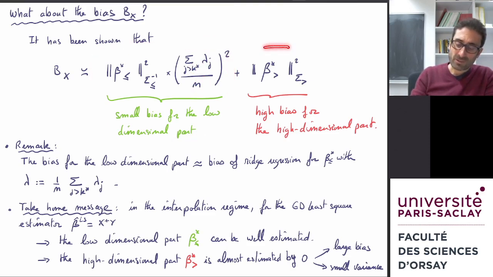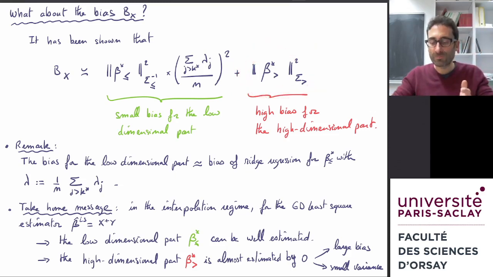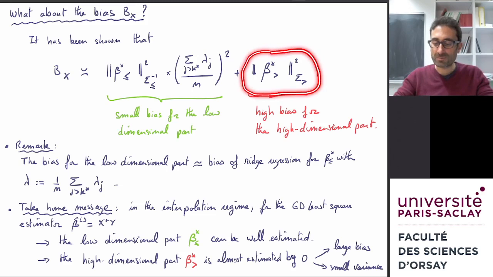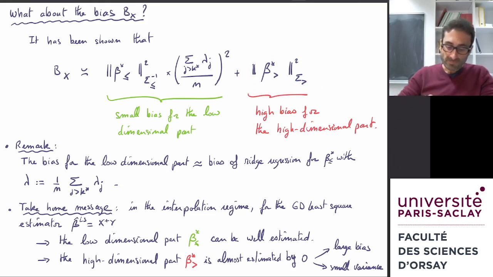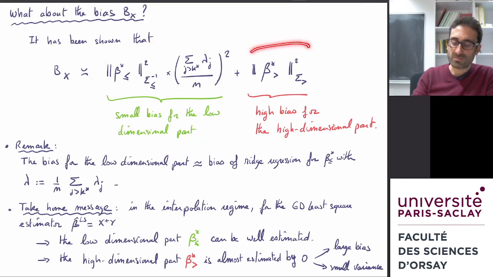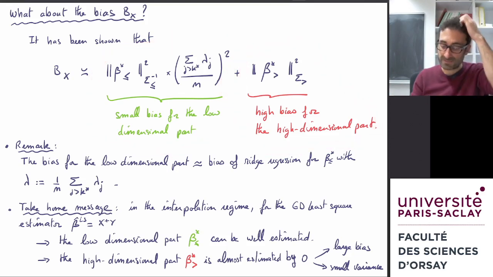But if you look at the high dimensional part, you have almost a full bias. You almost predict with 0, so you almost have the bias that you get when you predict with 0. So potentially you can have a bias here which is very large. So we have the opposite phenomenon to what we had before. We have something which is nice in the low dimensional part, but we have a large bias for the high dimensional part, which is a counterpart of having a small variance for the high dimensional part.